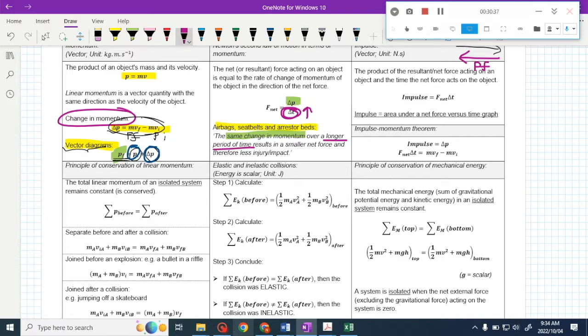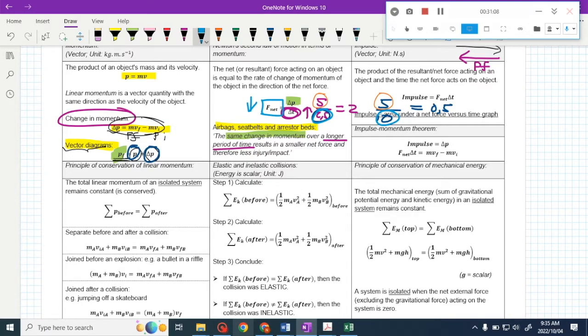When you say 5 divided by 2,5, the answer is 2. Now we say, no, we're going to increase the time. Now we say 5, because momentum is constant, divided by 10. What's the answer going to be now? 0,5. Am I right? A half. Okay. So as you can see, for the same momentum, when we increase the time, the net force decreases.